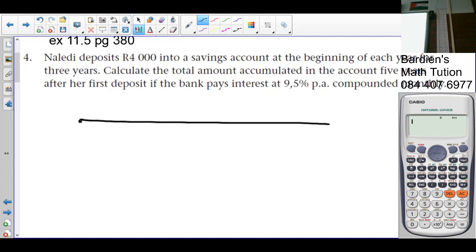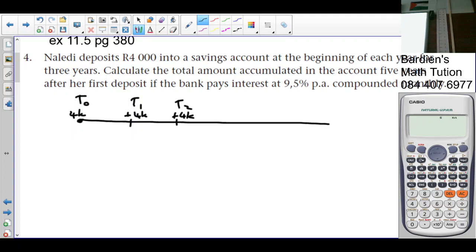Is it okay? If it's not okay, you ask somebody else who is doing the long method. So it's yes. So it's 4,000 Rand in the savings account at the beginning of each year for 3 years. So that's year 1, year 2, year 3, for the 3rd time, no? Beginning of for 3 years.